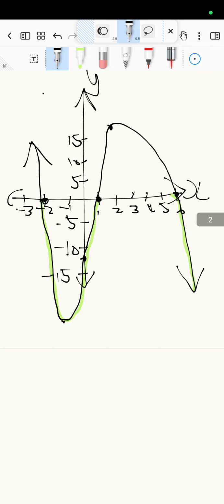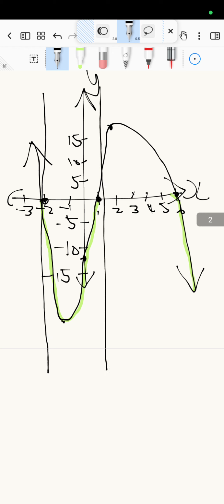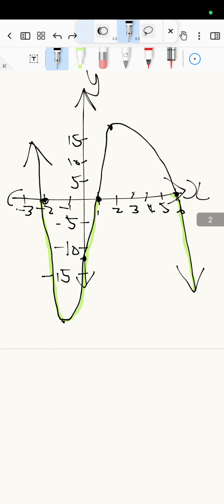It starts at this x value, goes up to this x value, and then goes again from that x value onward until infinity. So that's going to be my solution: x is an element of (-2; 1).